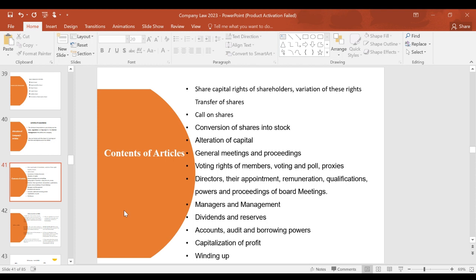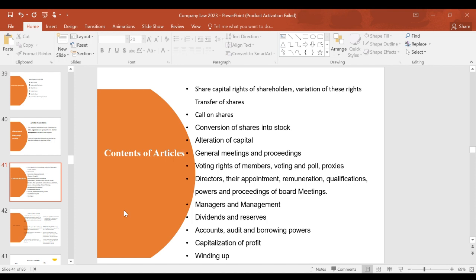To which kind of money, the leverage position of the particular company, and how much they have been allowed to borrow from outside to facilitate the running of that company. The Articles of Association will, of course, also look into the procedure for winding up in case of the insolvency of that company.